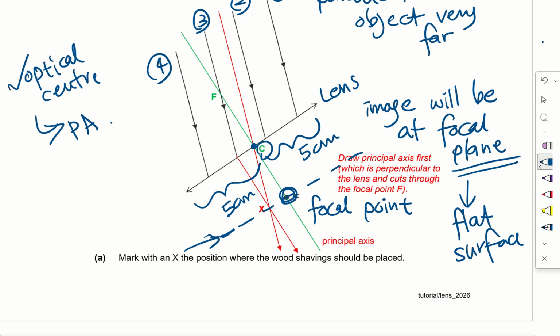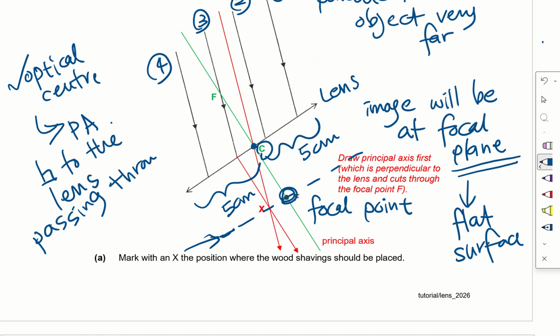Okay, optical center. And I know that the principal axis must be perpendicular to the lens and passing through the optical center.